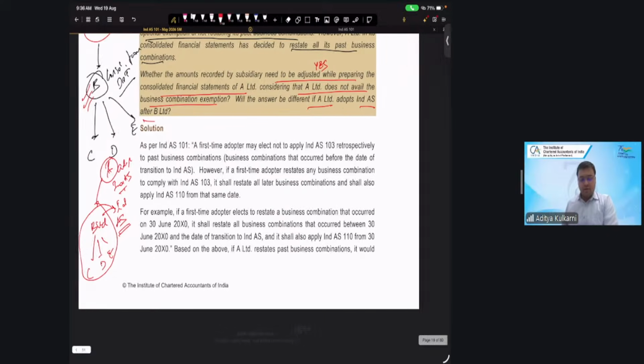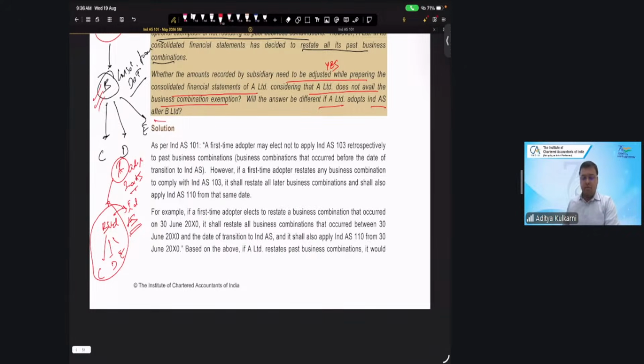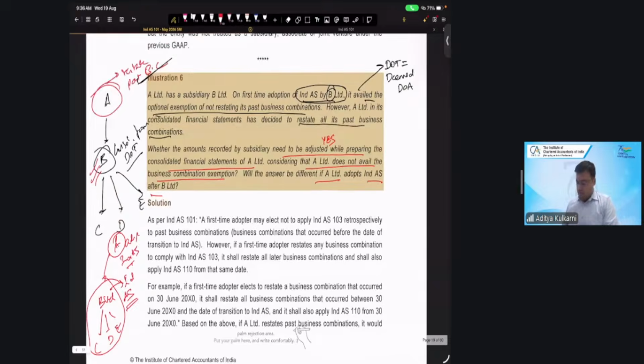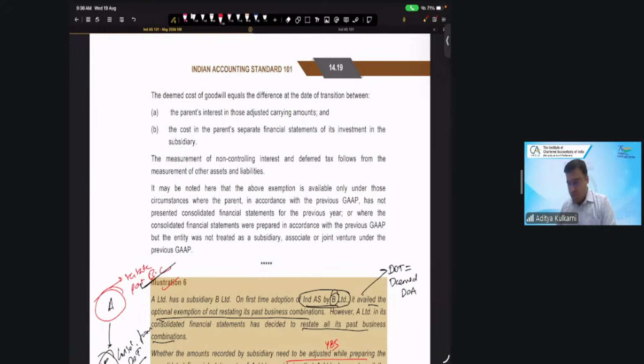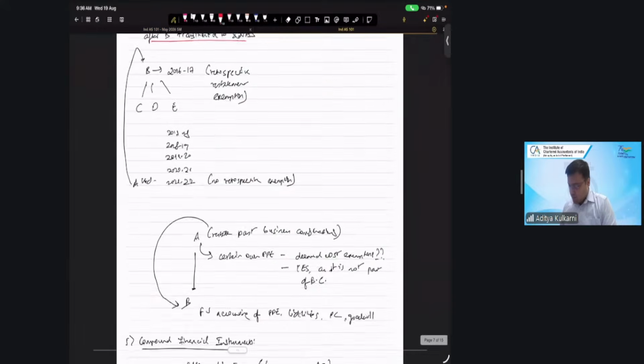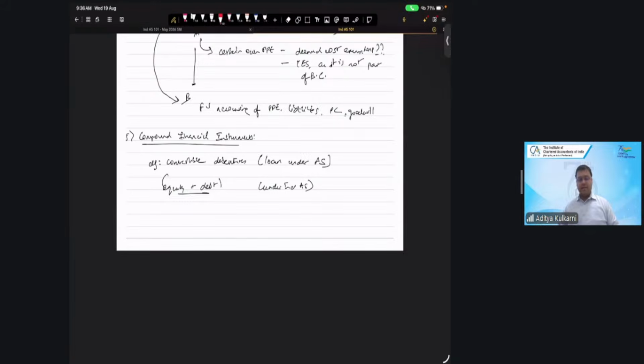All right, fine. So that takes care of business combinations. We now move to the next one, that is compound financial instruments, basically convertible debentures, right?